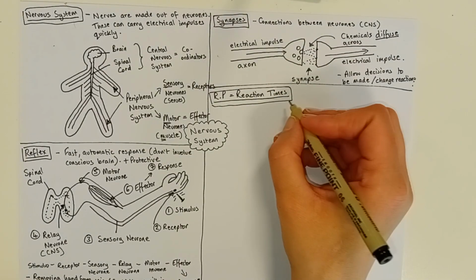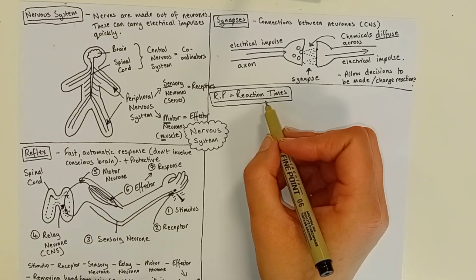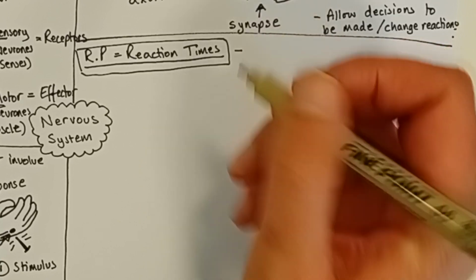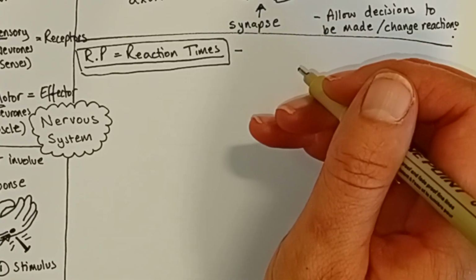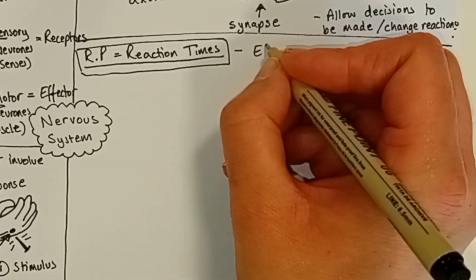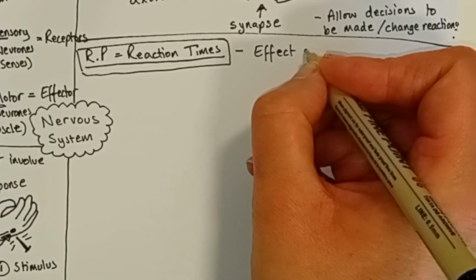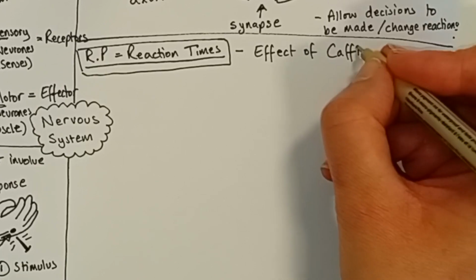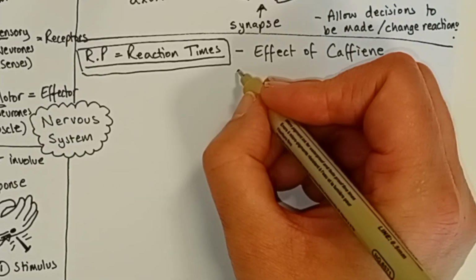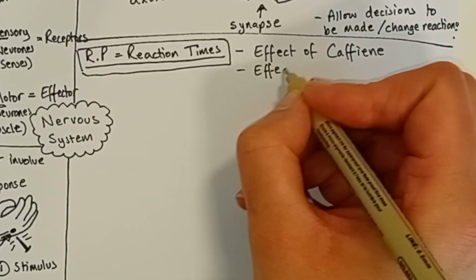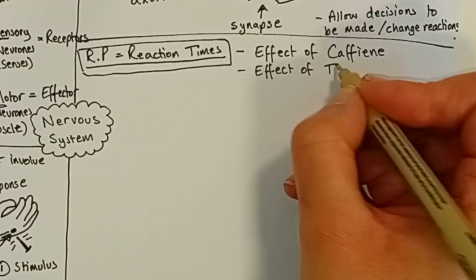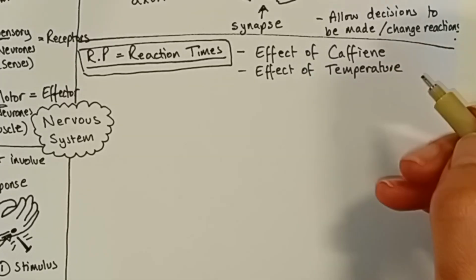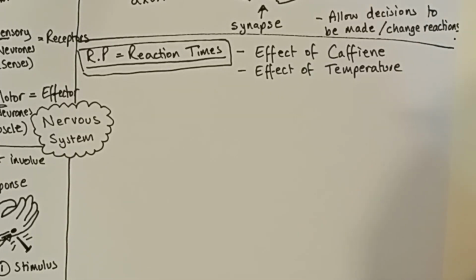On to our last one then, and this is the required practical on reaction times. And it's usually the effect of X on reaction time. So it could be the effect of caffeine, it could be the effect of temperature, okay, but remember you can only change one thing per experiment.